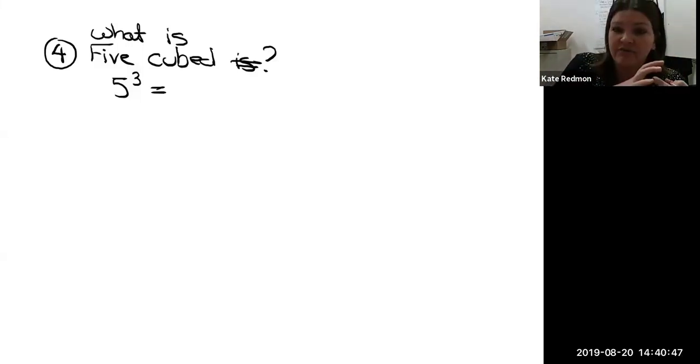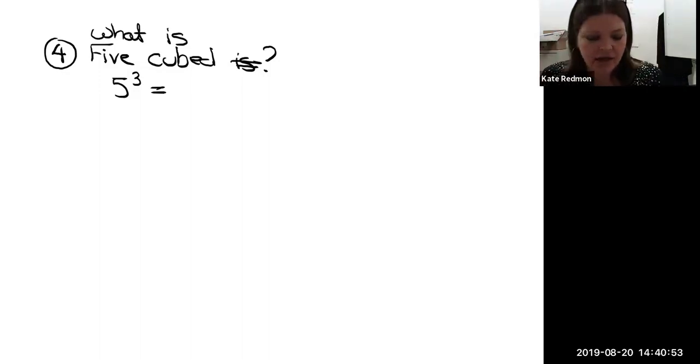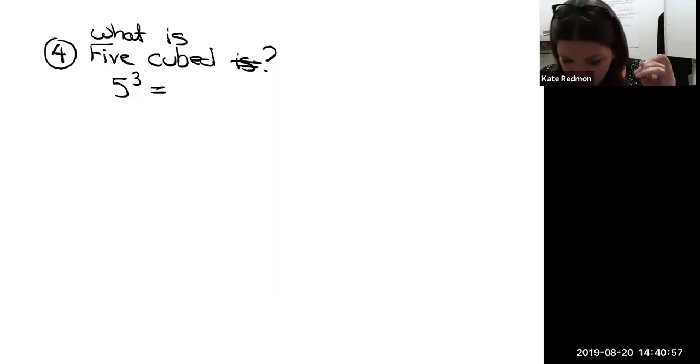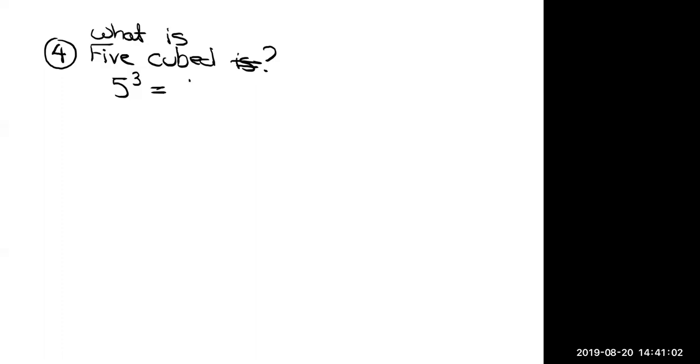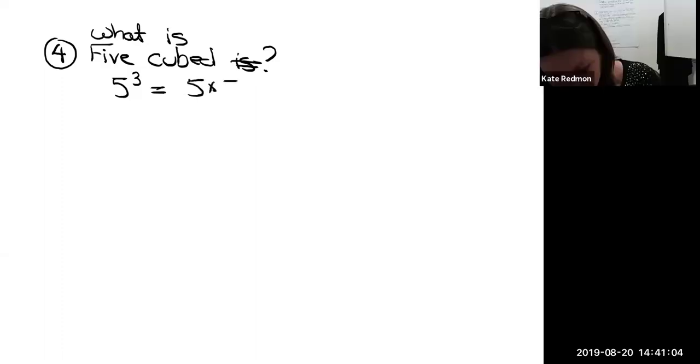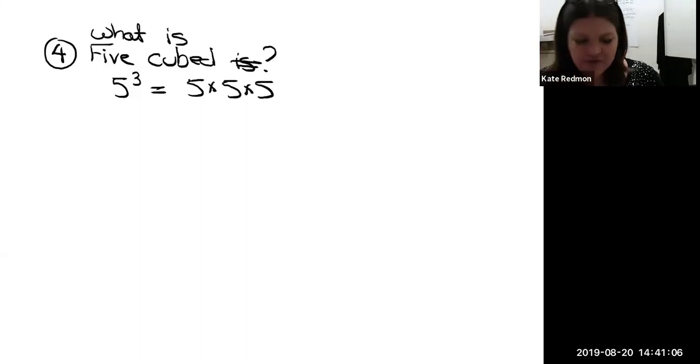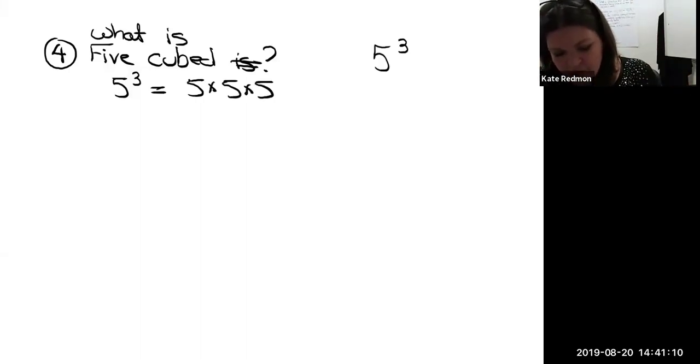So I'll write down 5 cubed first, but I am going to simplify it. I'm going to do the implied math. Okay, now we know that 5 cubed, I begged you before you simplify, you should write it in expanded form. So 5 cubed is the same as? 5 times 5 times 5. And I know David sounds a little bored. He's like, Kate, why are you making me do this over and over again? And that's because most students, I'm just teasing you, most students tell me that 5 cubed is 15.